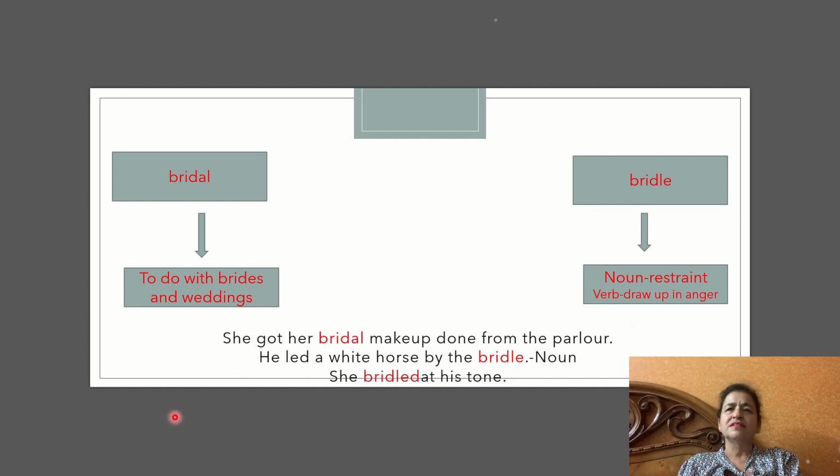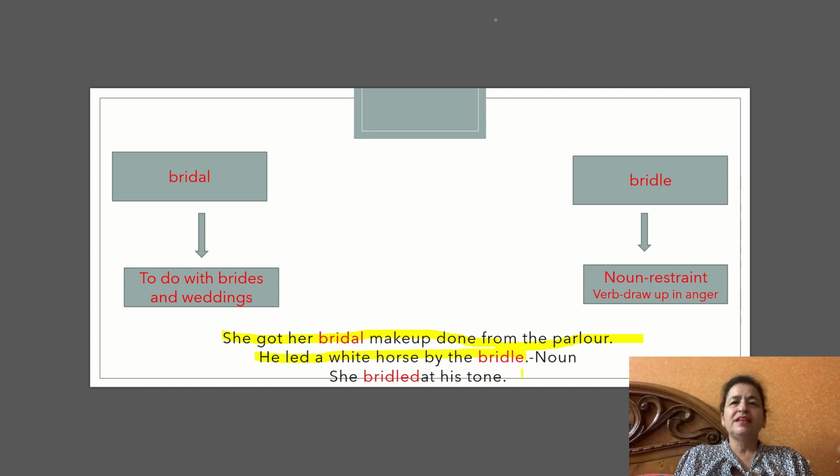Let's come to the first one, bridal, B-R-I-D-A-L, which I told you was associated with brides and weddings. She got her bridal makeup done from the parlor. And the next one is bridle. He held a white horse by the bridle. Now you have to tell me which is the noun and which is the verb form.